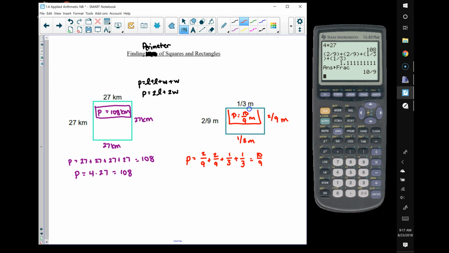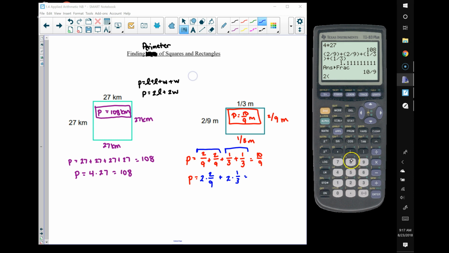Now, if you want to save yourself some time, again, you can do this trick where, see how I have a group, let me use blue. See how I have this little group right here? I can turn that into 2 times 2/9. And I've got this little group here. I can do that 2 times 1/3. It doesn't save me that much button pressing, but it still will work.